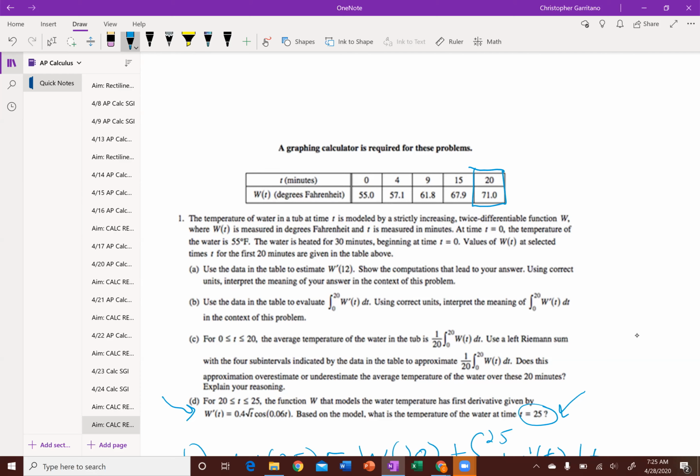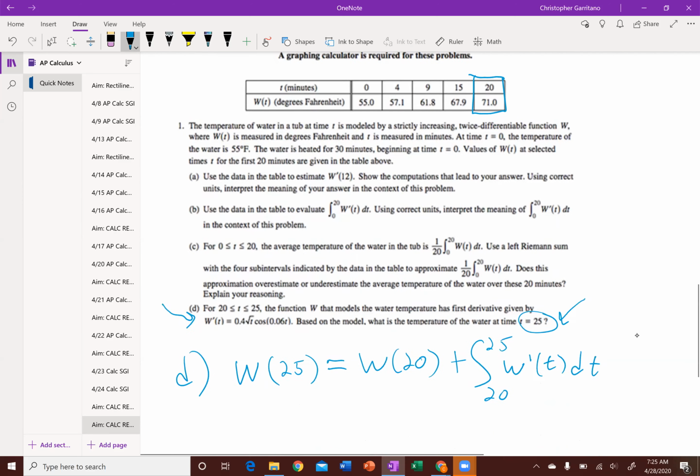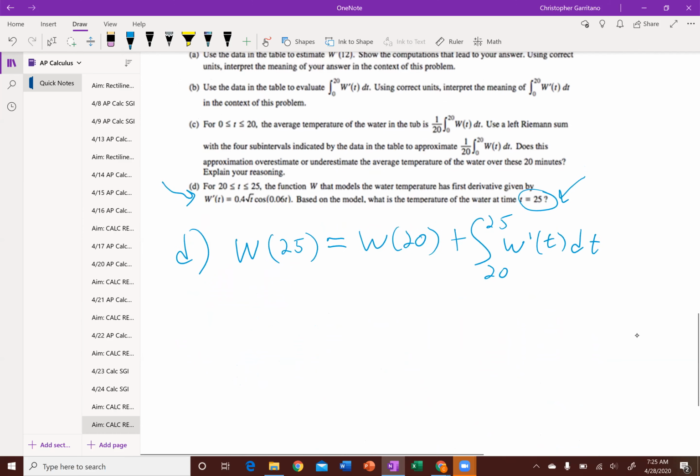So this is that formula that we've seen time and time again, where the value of a function at a later point or even an earlier point is equal to the initial condition plus the integral of the rate. More specifically, if we want W of 25, we'll take this known piece of information as sort of like an anchor point, and we'll integrate the rate of change of water temperature from t equals 20 to t equals 25.